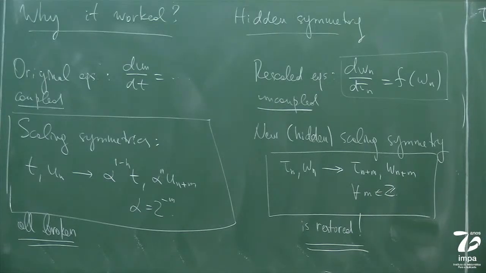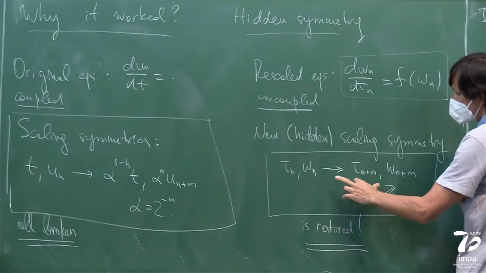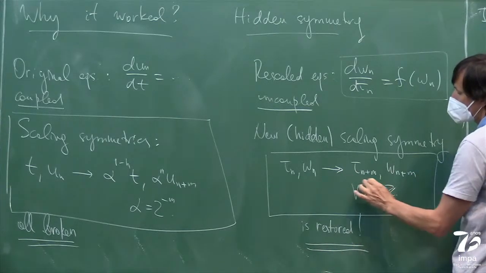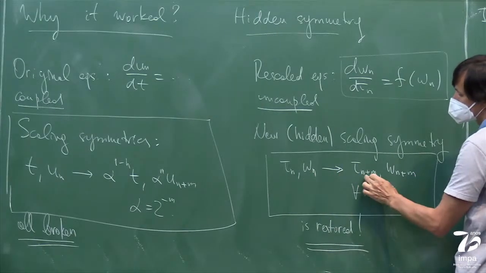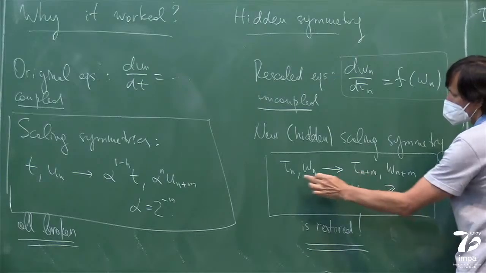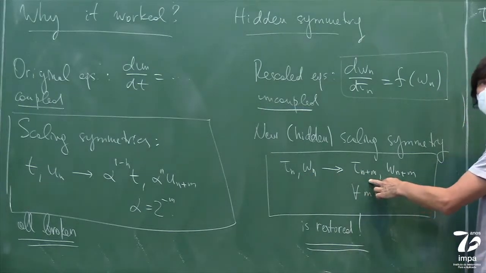And so there is this restoration of hidden symmetry. You should not think that this is a simple symmetry, because I already showed that it looks simple in terms of taus when you consider different times. But in fact, the transformation from tau n to tau n plus m is a complicated nonlinear transformation.